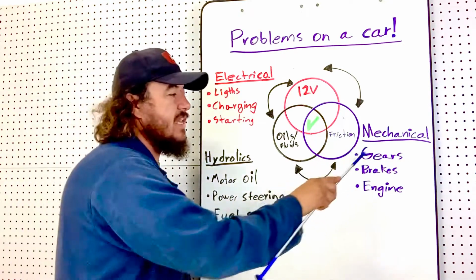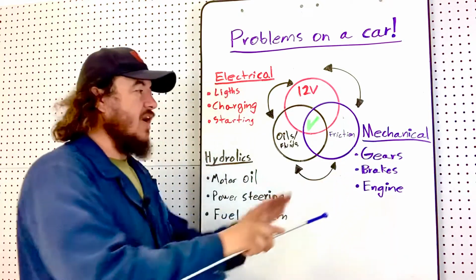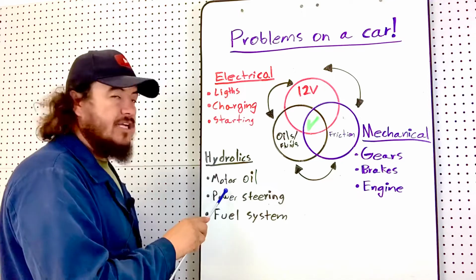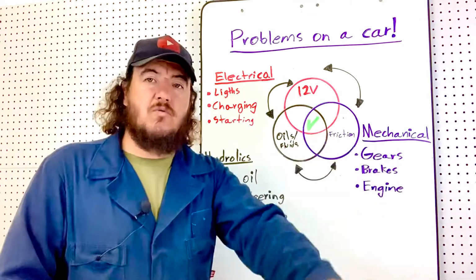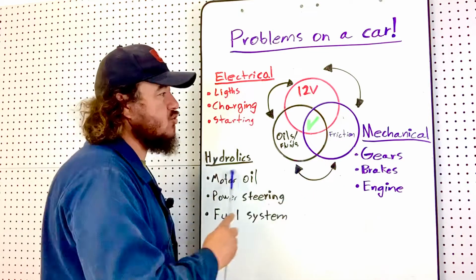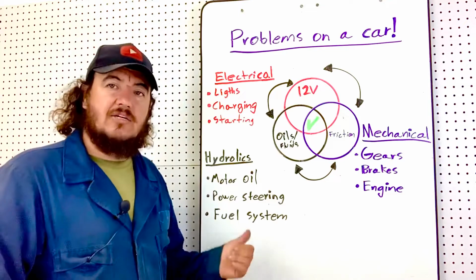Once you release the pressure on the pedal, the mechanical stops working, and the hydraulic releases the pressure to the mechanical on the wheels. That's how those two worlds work, the mechanical side and hydraulic on the brakes.